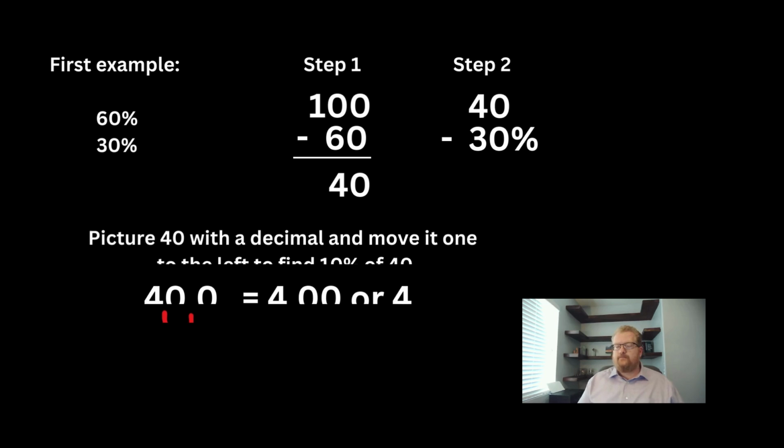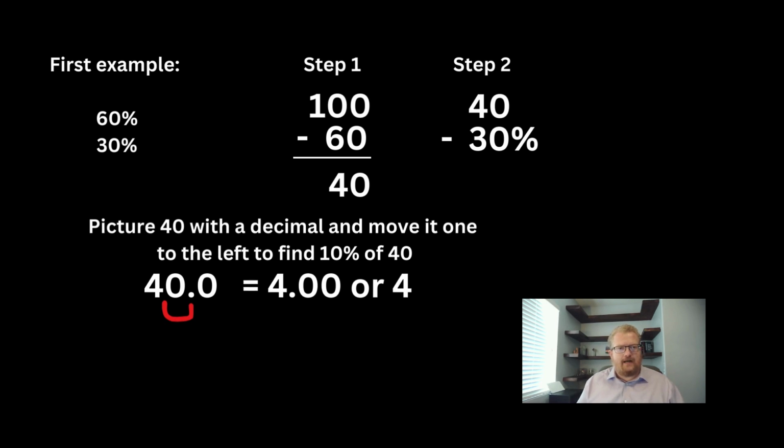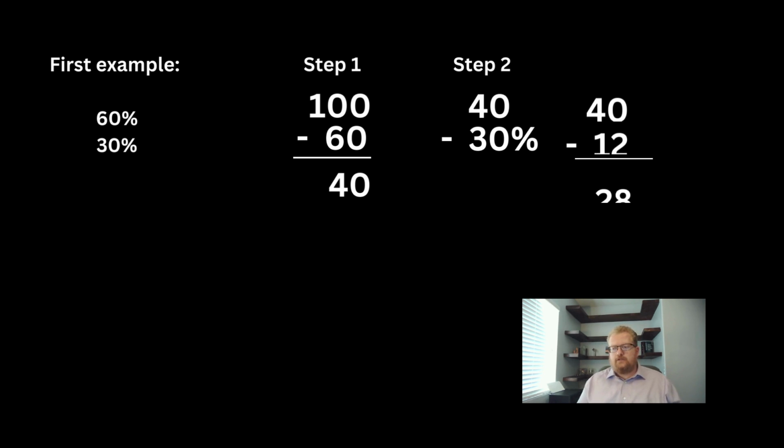So now, the easiest way I can describe to find a percentage of a number, especially when we're working with the tens, is to take your decimal and move it over one space to the left. So 10% of 40 is 4. And if we do that 3 times, 4 plus 4 plus 4, or 4 times 3, we reach the number 12. So when we say we're taking 30% from 40, we're taking 12 from that 40. So 40 minus 12 to determine what our next number is.